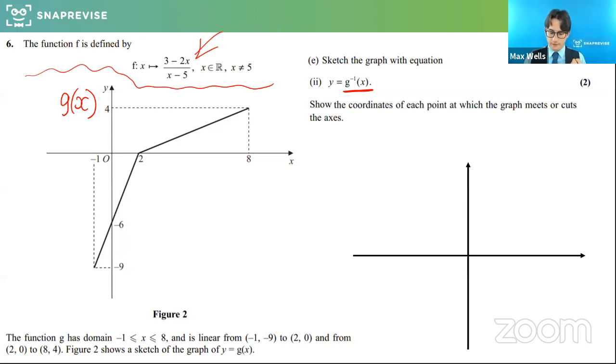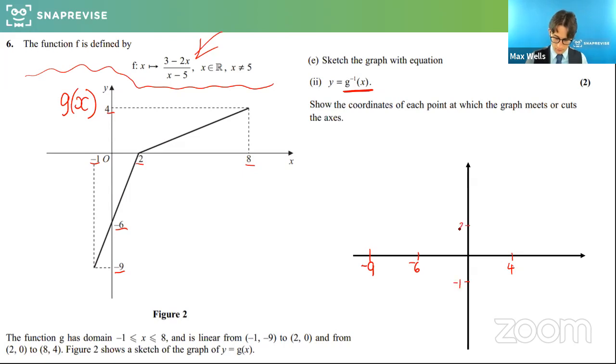A tip I would use to help get started is to change all of these to the key values on the x-axis. So we're going to have -9, we're going to have -6. Obviously, this isn't drawn very well to scale, but let's put that a little bit lower down there. And then on the other side, we've got -1, 2, and 8. So let's use that here.